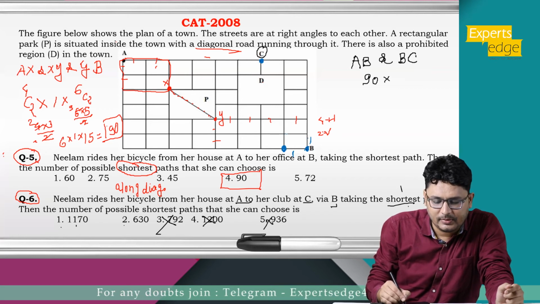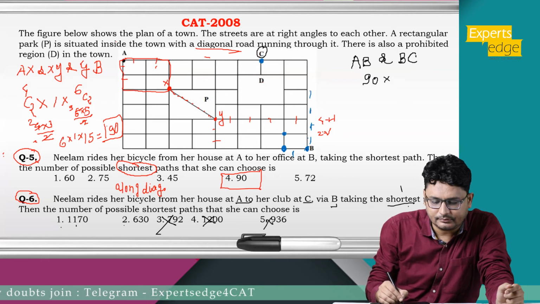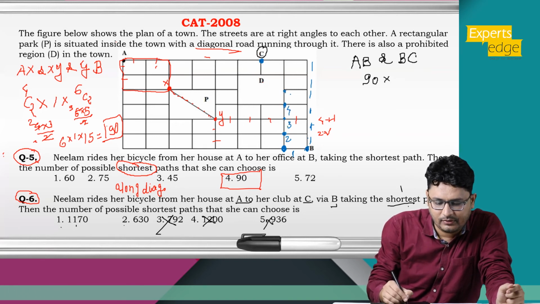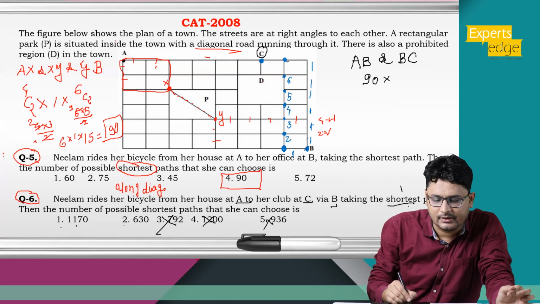So here how many ways? Let's write 1 1 first. Here it will be 2, here 3, at this point 4, at this point 5, at this point 6, right? And this one here would be 7.